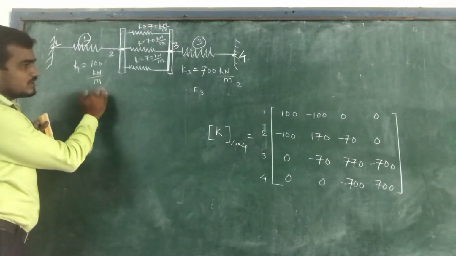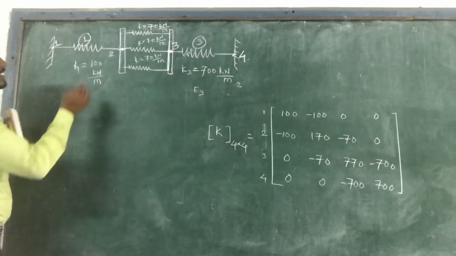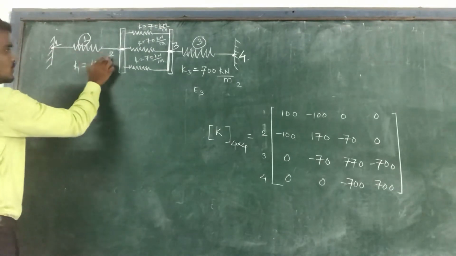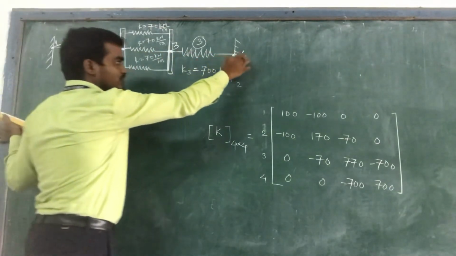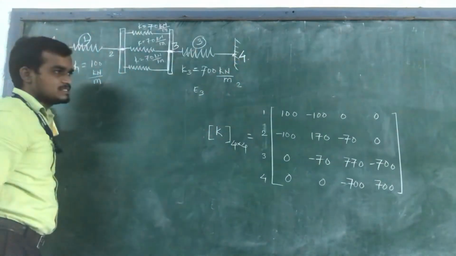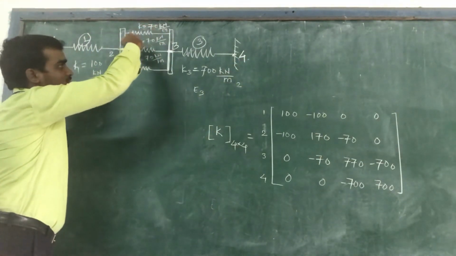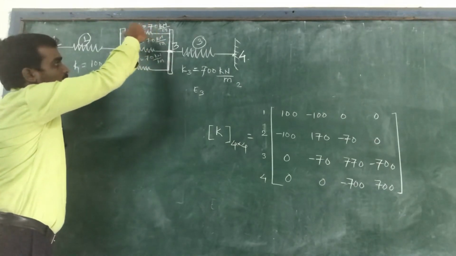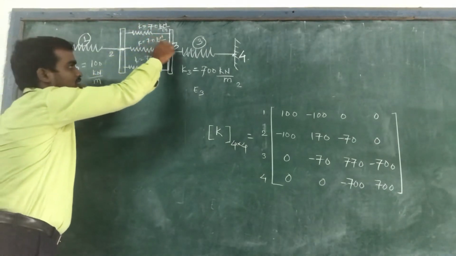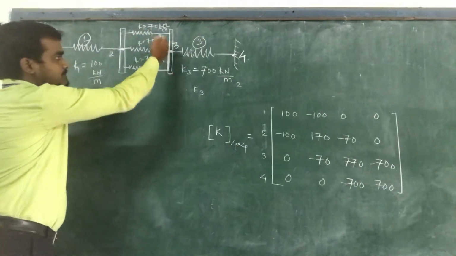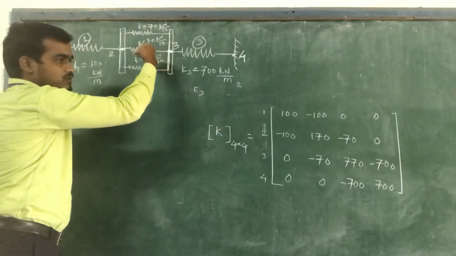But as shown in the figure, they have already given the number of nodes: 1, 2, 3 and 4. It means that this second spring system is considered to be a parallel spring system, and we need to convert this parallel spring system into one spring system.